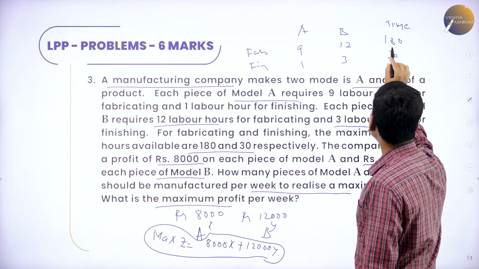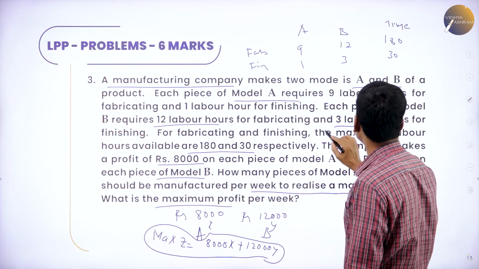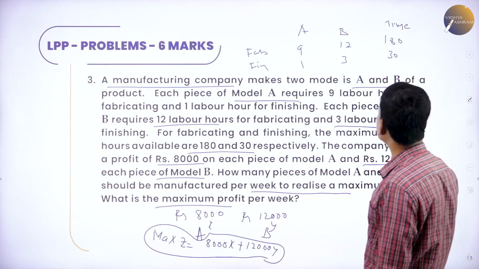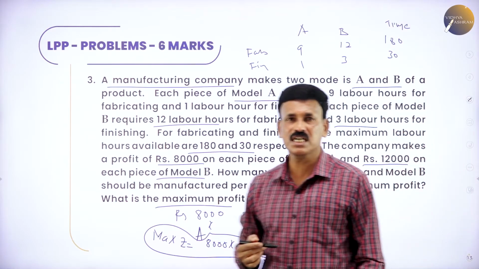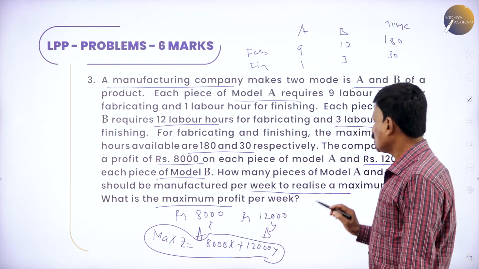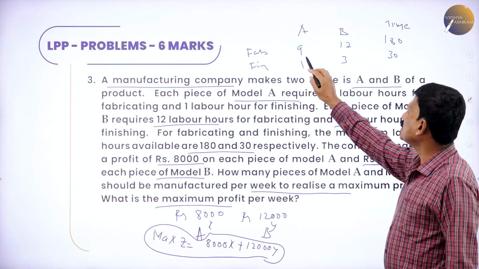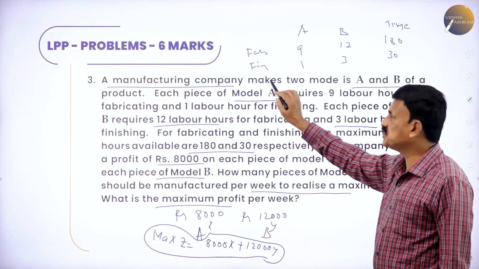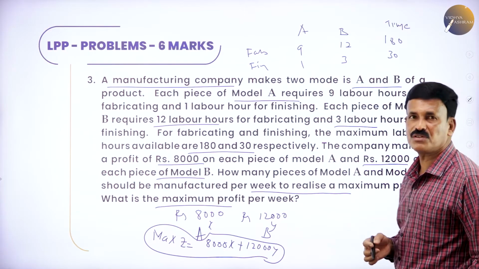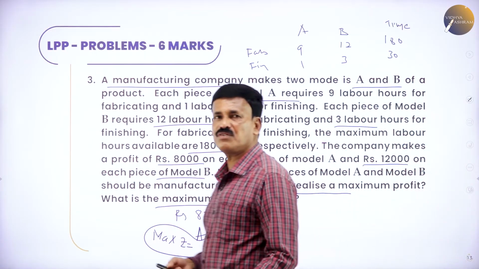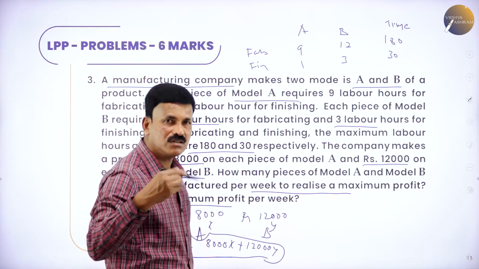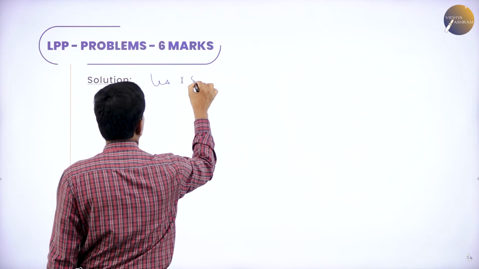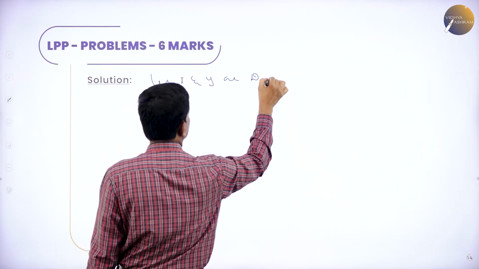The maximum time available is 180 hours and 30 hours. So for fabrication, 9X plus 12Y is less than or equal to 180, and for finishing, X plus 3Y is less than or equal to 30. Put it in a mathematical form and solve it. Okay, that's it. I will go to the next page. Now let X and Y be the decision variables.